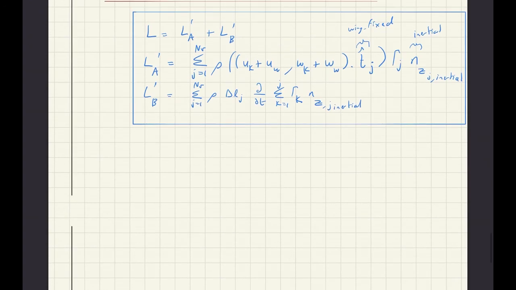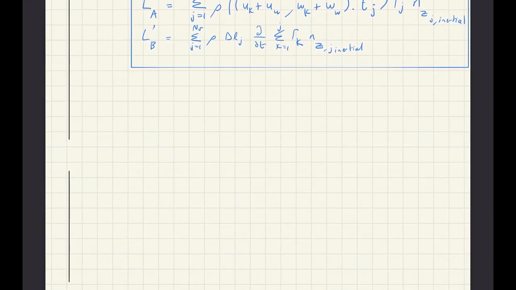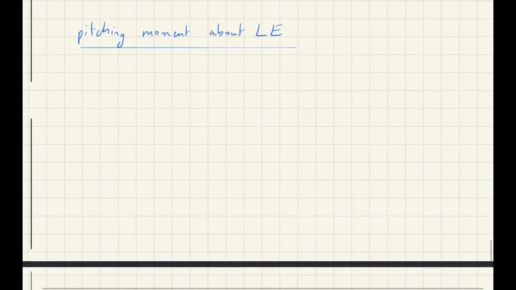Great, and then I'm going to give an example on how to find the pitching moment about the leading edge, but you can do something similar to any arbitrary pitching axis.